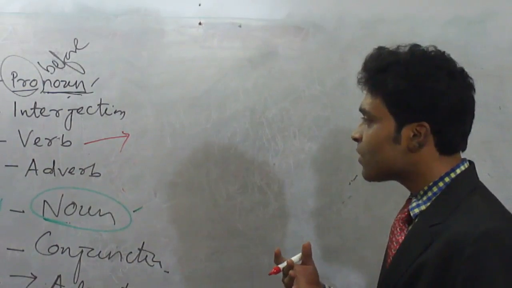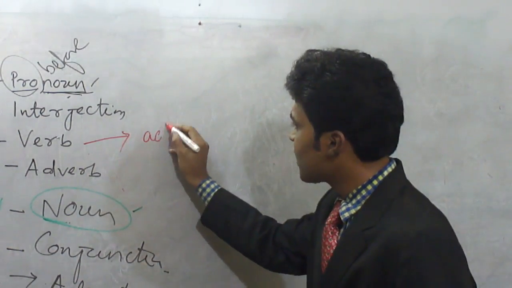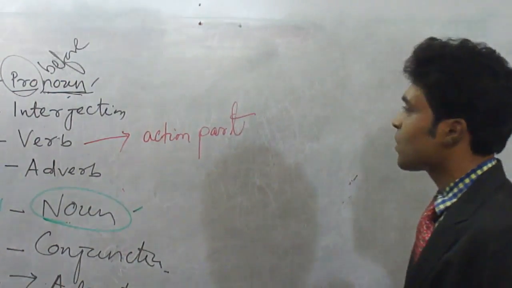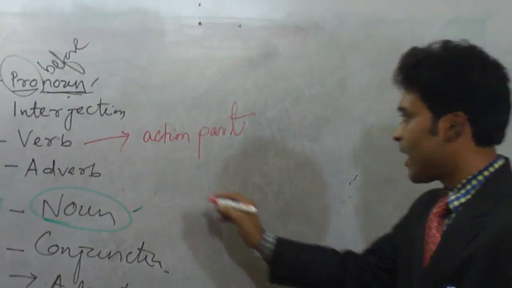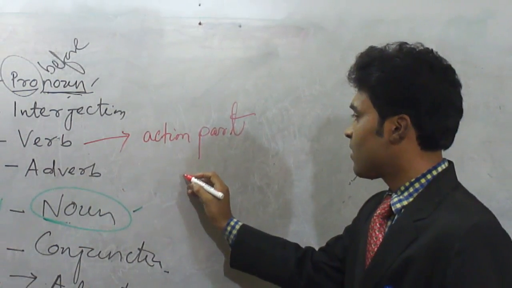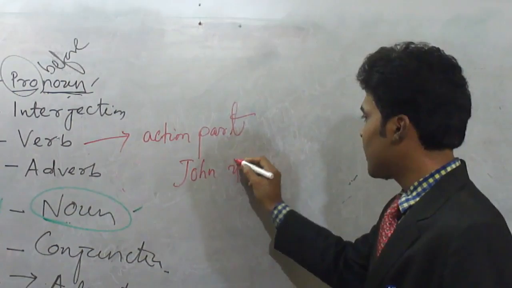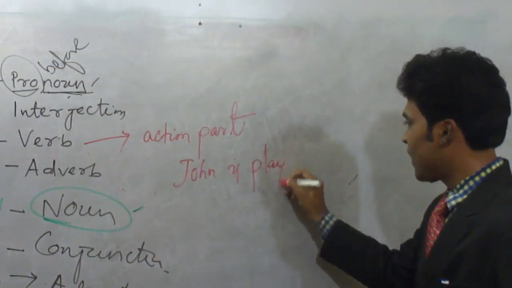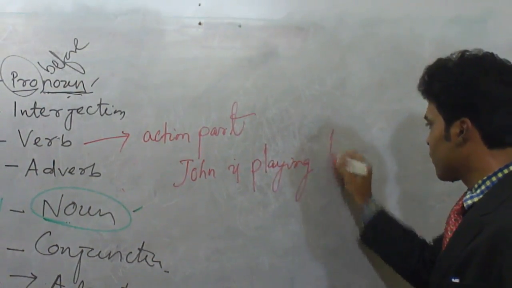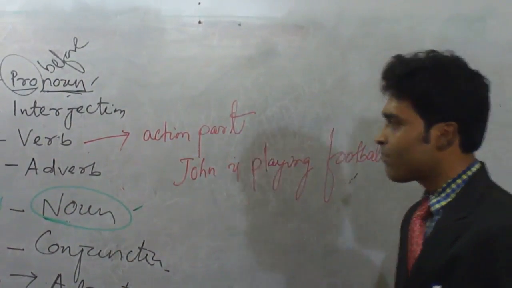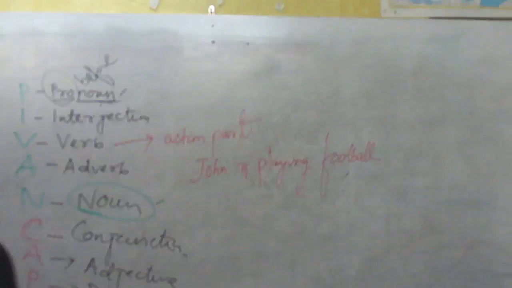You may say noun. That's why it is known as the action part. For example, John is playing football. Are you getting my point? John is playing football.